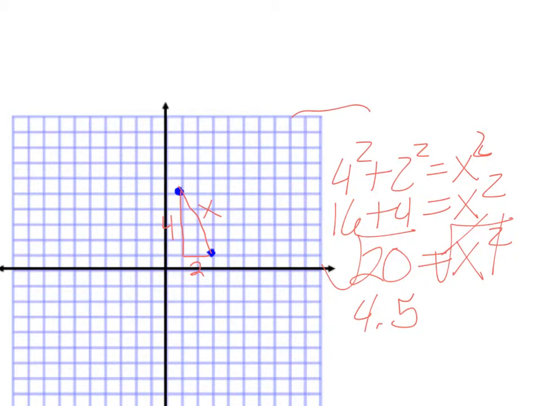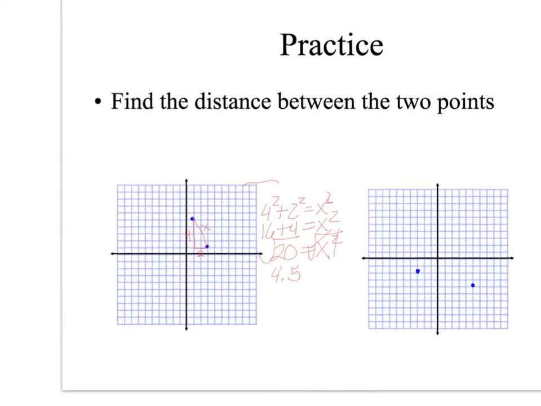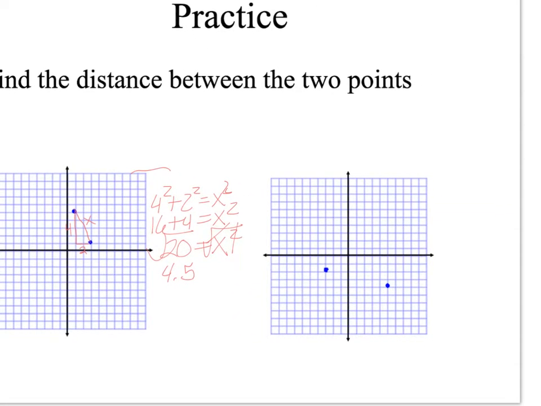So now I'm going to zoom back out on the one on the left, and we're going to zoom in on the one on the right. Again, connect your 2 points. Draw your legs or your bases, count your boxes. 1, 2, 3, 4, 5, 6, 8 on the bottom.